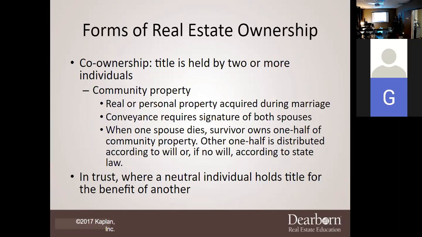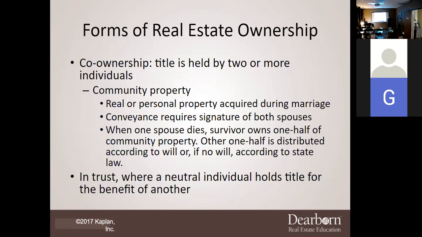Now, the last of these is your community property. Your community property is what we use here in Texas. And in this particular situation, you are going to have community property. And community property is, of course, going to be real or personal property that's acquired during marriage.